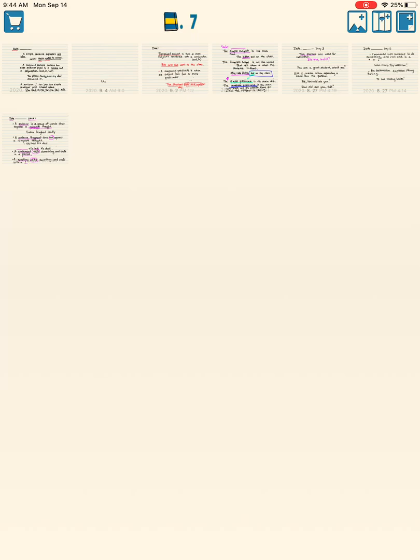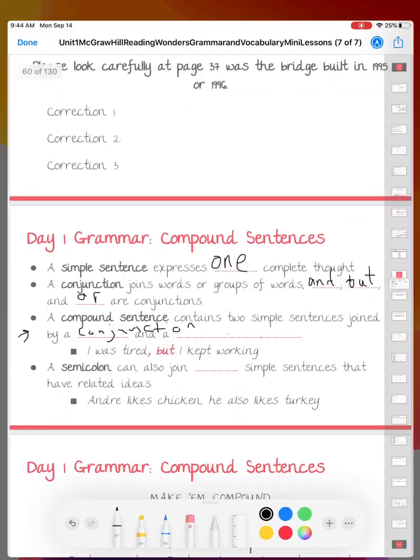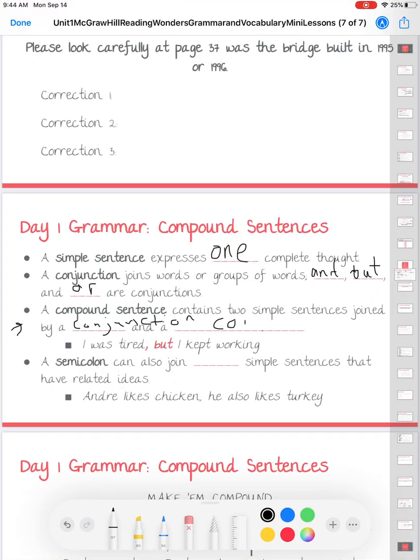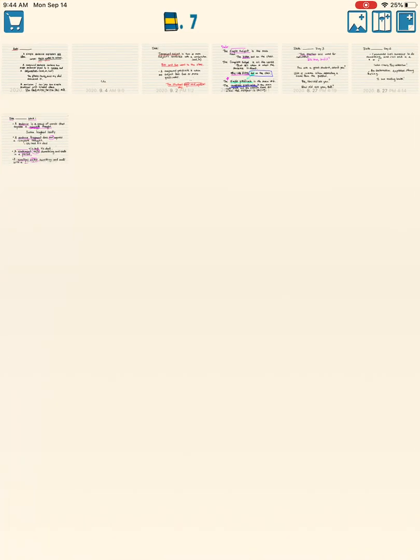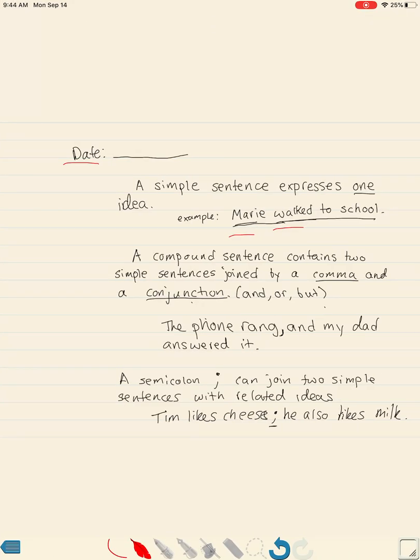Notice that the comma does come first. I was tired, comma, but, I kept walking. So in our notes, we have a compound sentence contains two simple sentences joined by a comma and a conjunction. And don't forget, the conjunctions are and, or, and but.